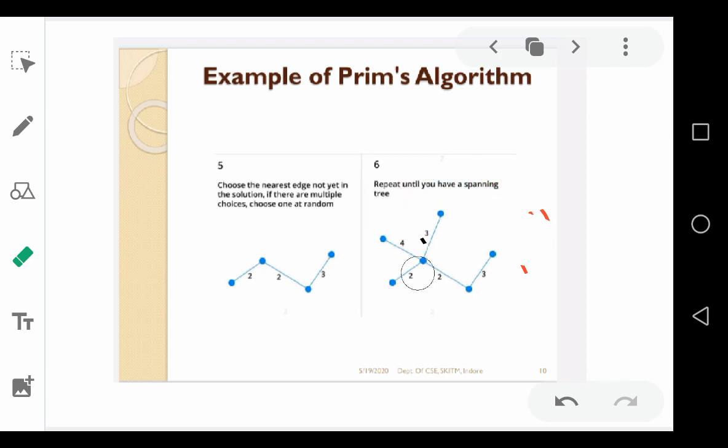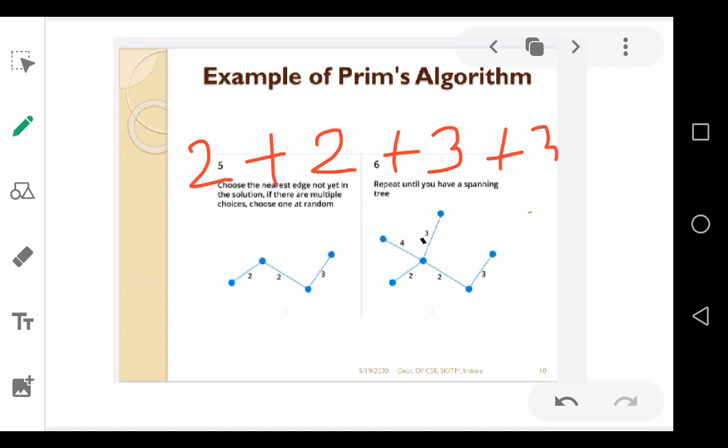If I calculate the weight of this graph, the weight is 2 plus 2 plus 3 plus 3 plus 4.